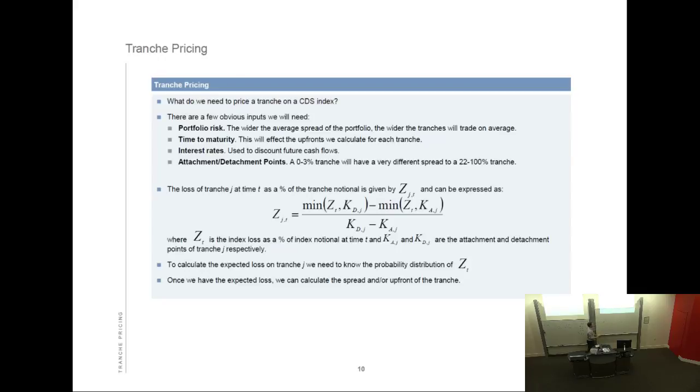Right, so a bit of a hockey stick function.